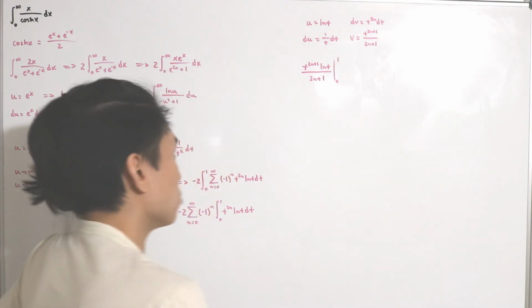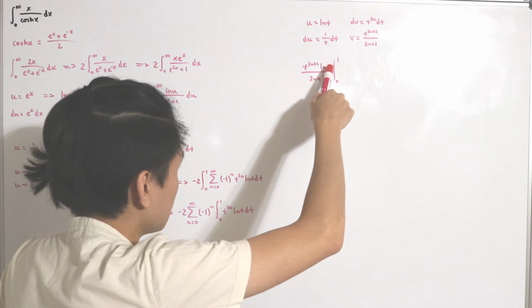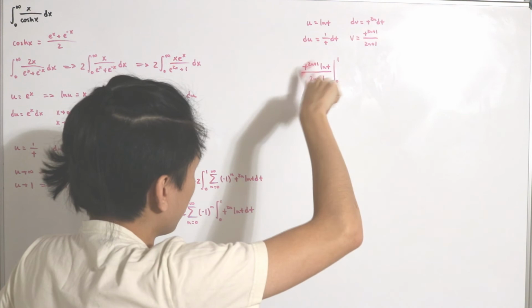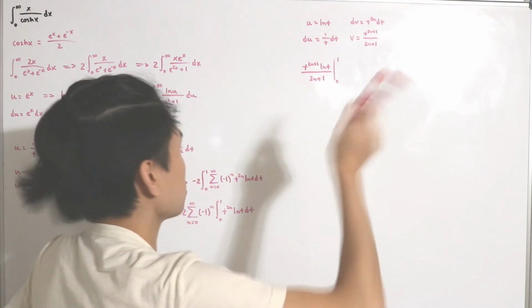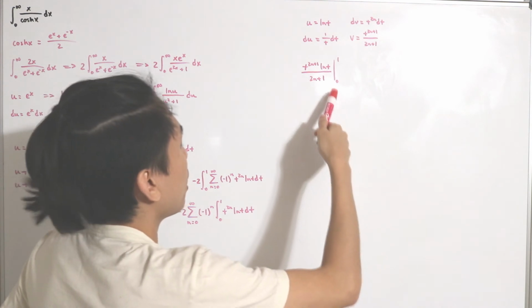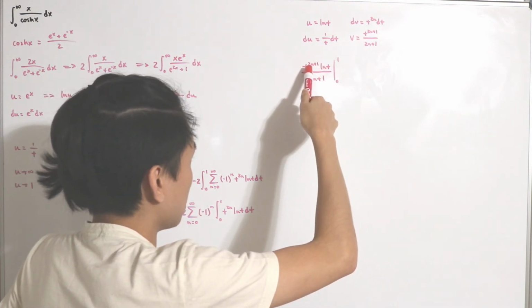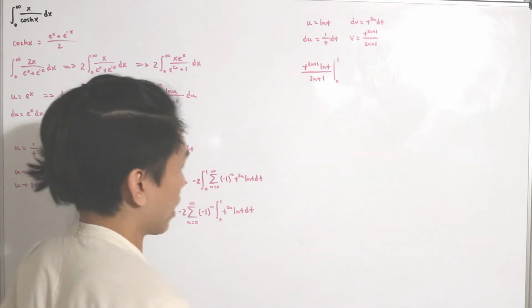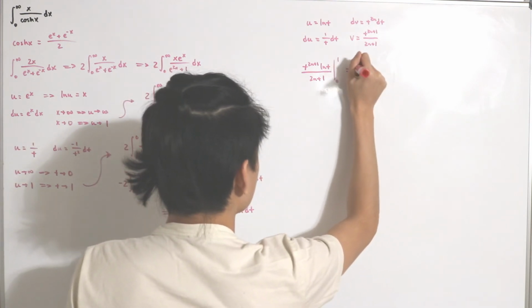When t is equal to 1, ln of t is just 0, so the whole term is 0. And when t is equal to 0, plugging in 0 for t, the whole expression becomes 0. So this is 0.